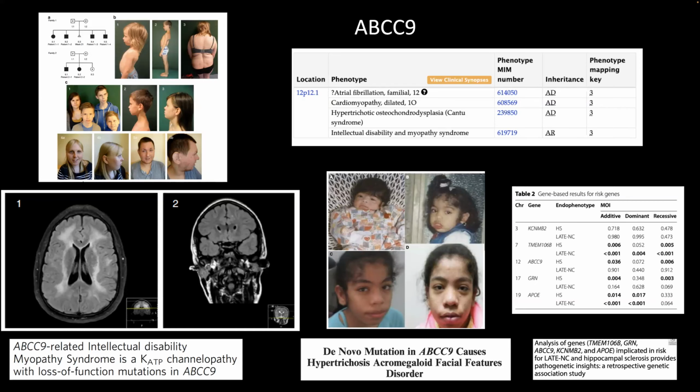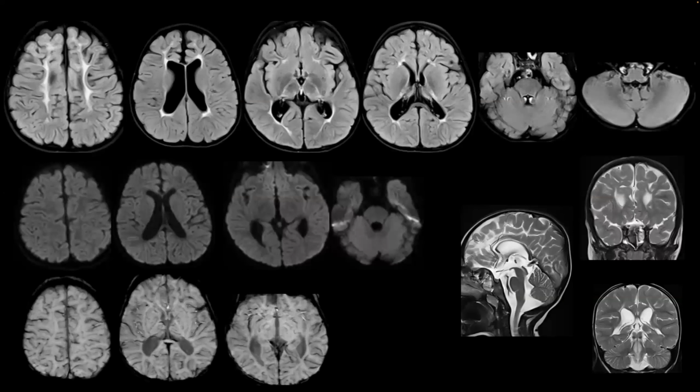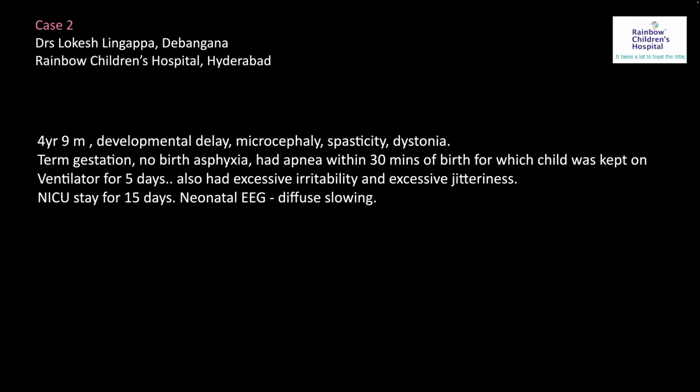And in view of the severe neonatal complication you had with intubation and ventilation for several days, this is very likely an acquired condition. It's PVL in the broad sense. This can also happen in a term neonate. And it explains the microcephaly, the spasticity, and you also had abnormal EEG at the beginning. This is far more likely an acquired condition.